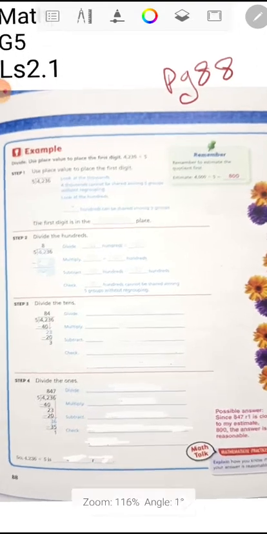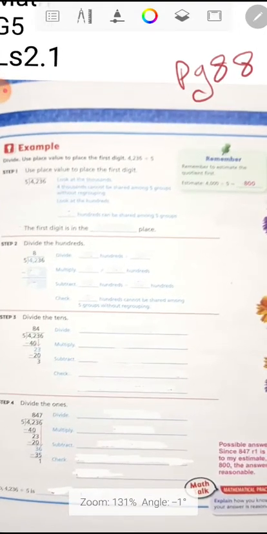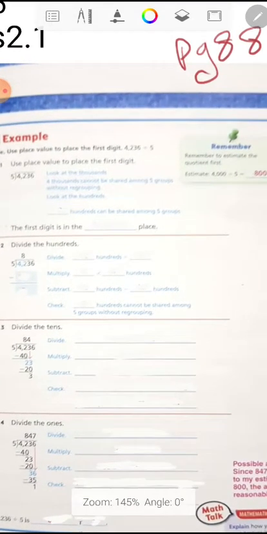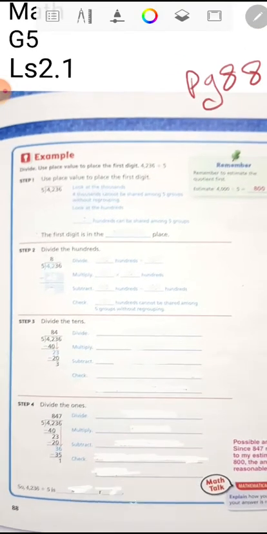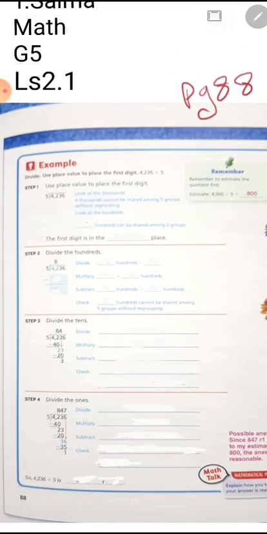Now let's continue to the example on page 88. In this example, I want to divide 4,236 by 5. So let's find the place of the first digit by using place value. I told you there are 2 ways to know the place of the first digit.